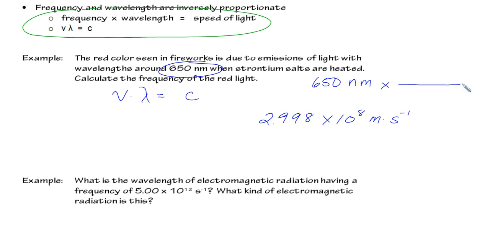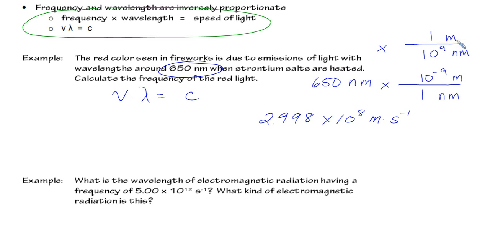You could say that 1 nanometer is 10 to the negative 9th meters. Or you could say 10 to the positive 9th nanometers make up 1 meter. Either way, you're going to get the same answer.